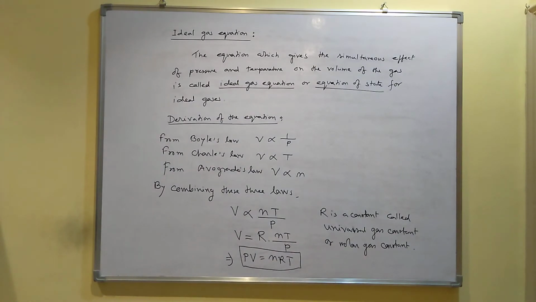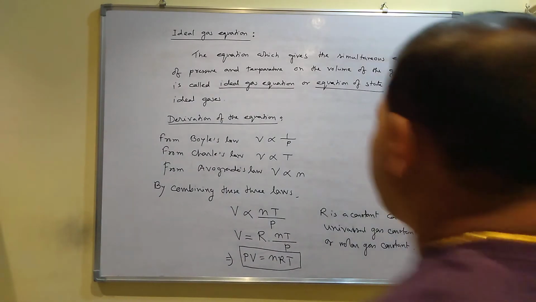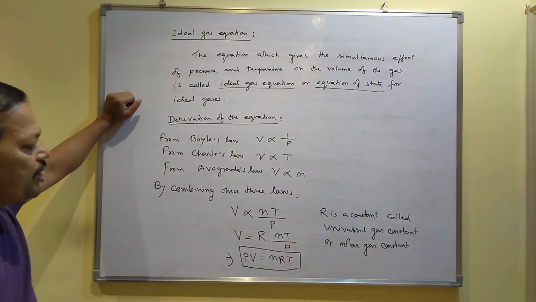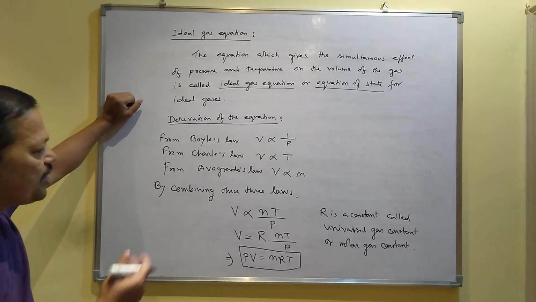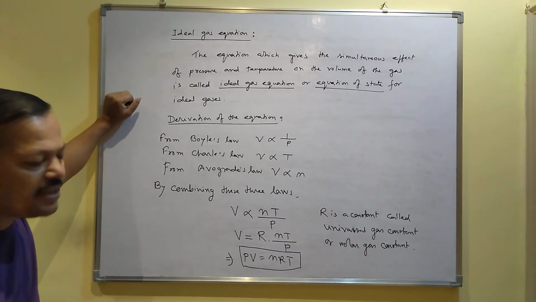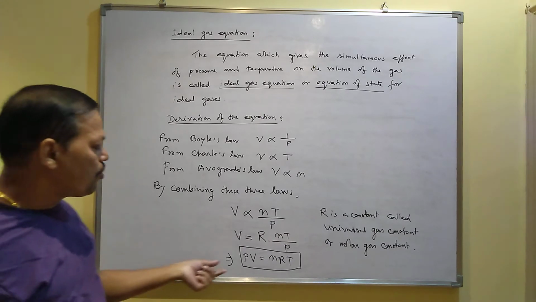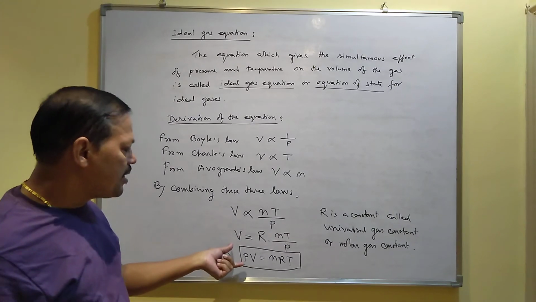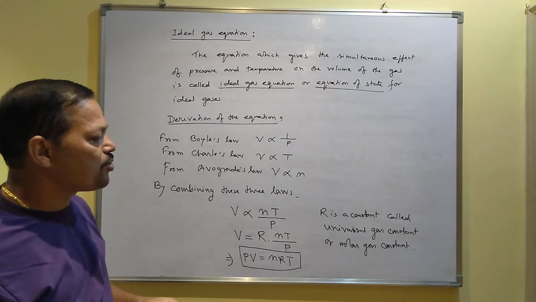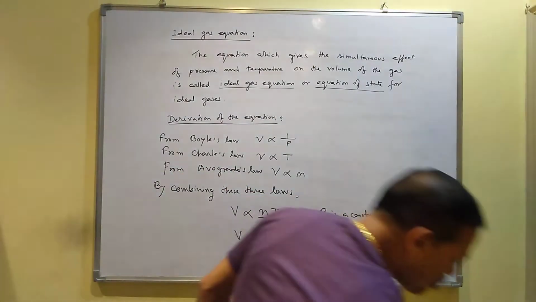Now, the derivation of this ideal gas equation is very important. You can derive the equation by combining all the gas laws, Boyle's law, Charles' law, Avogadro's law. When you combine, then you can derive the ideal gas equation, and this equation is followed by all gases, and the equation is PV equal nRT, where R is called the universal gas constant or molar gas constant.